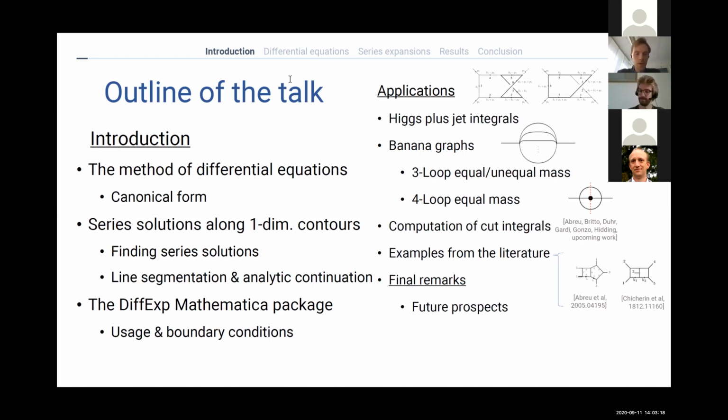Now, some time ago, I released a package called DiffExp that automates some of these methods, and part of my talk will also be about the use of this Mathematica package.